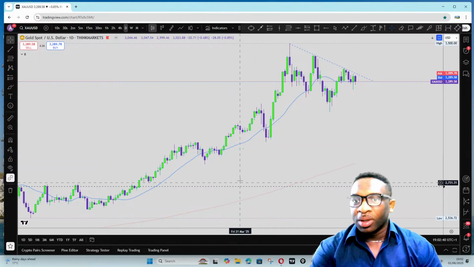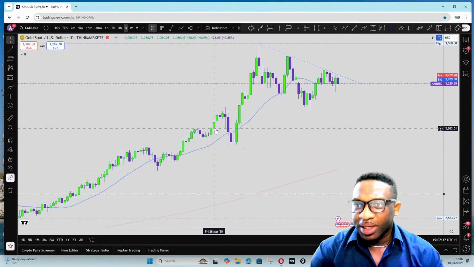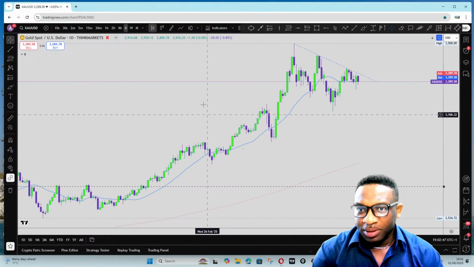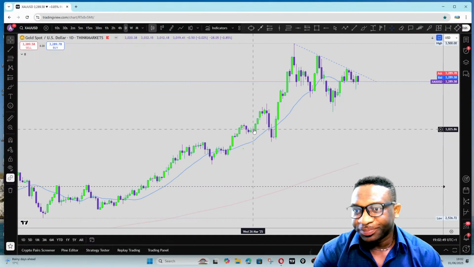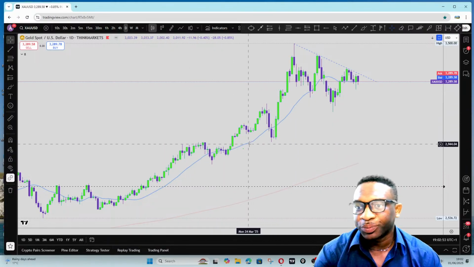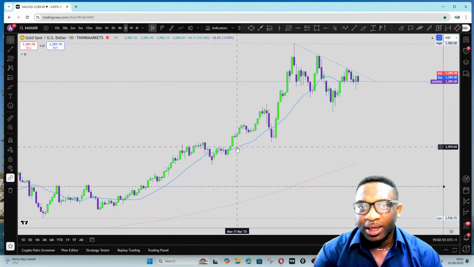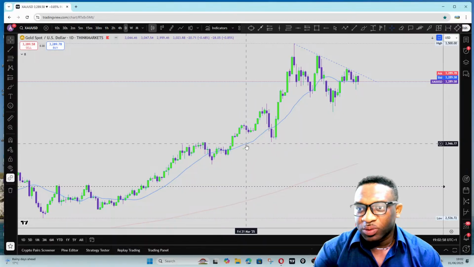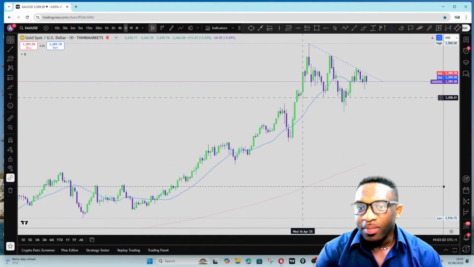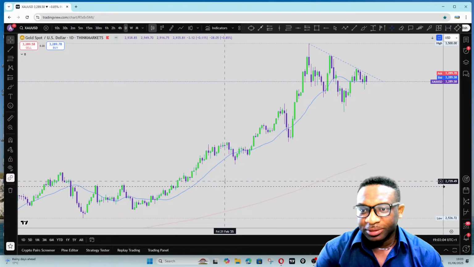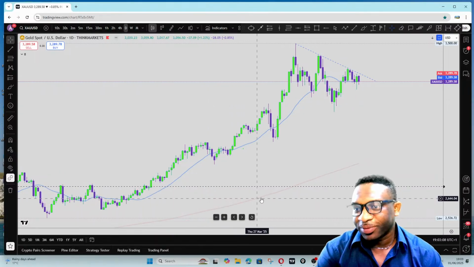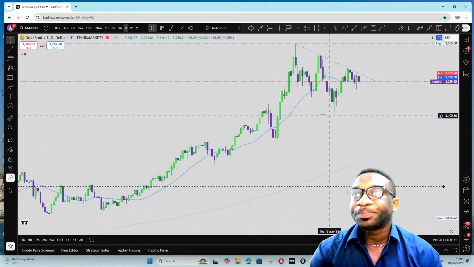So the tools that I use for trading is the price chart itself, these green and purple candles, and also I use the 20 moving average, this blue line, in addition to the 200 moving average, which is this red faint line that I have here.